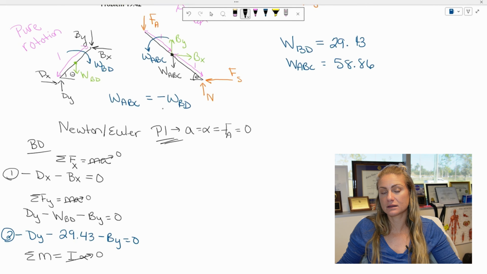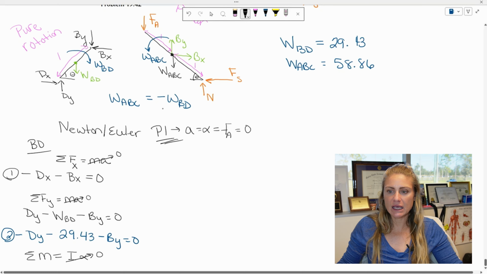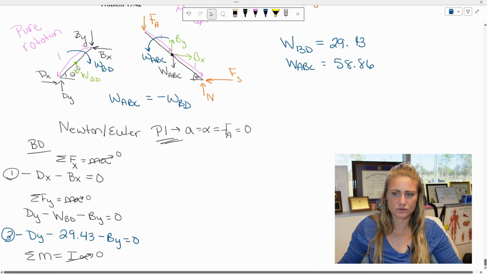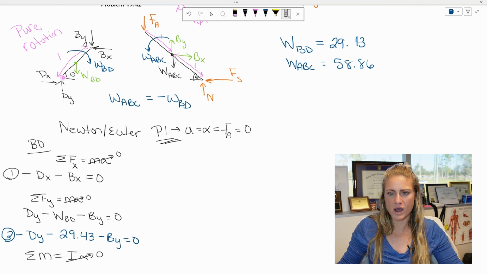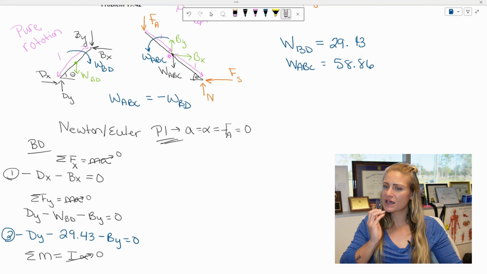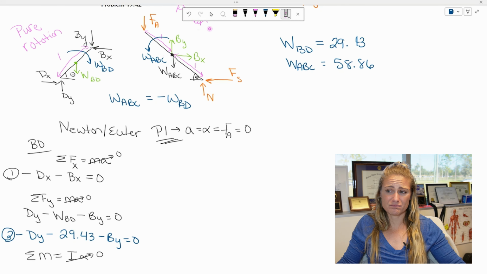Because you can take the moment about any point you want, but we do want to be a little strategic about this. If I take it about point B, then I get relations of things that I really can't use, right? If I take it about the center of mass, then I have another 4 unknowns. If I decide to take it about D, Dx, Dy, Bx and By are shared points between the two free body diagrams. So I think I'm going to do it that way.